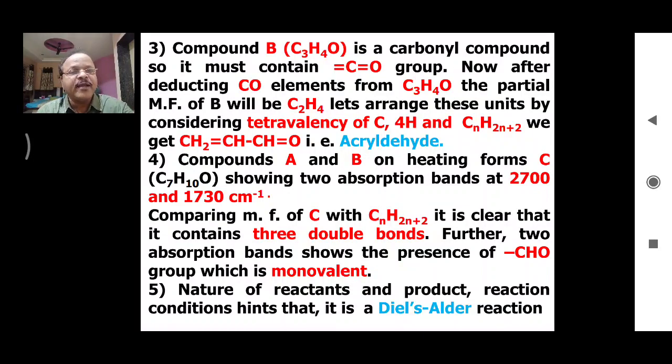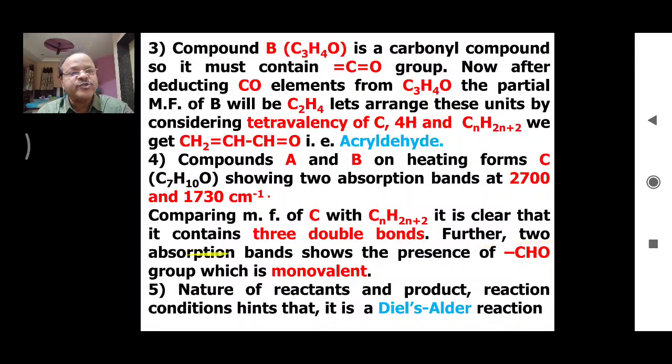Now comparing molecular formula of C, again we can compare the molecular formula of C with the general molecular formula. It is clear that it contains 3 double bonds. Means the molecular formula of compound C is less by 6 hydrogens. 6 hydrogens less means presence of 3 double bonds.